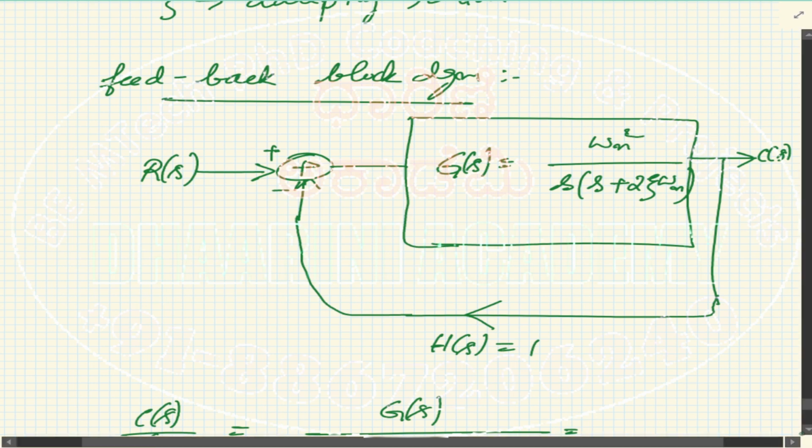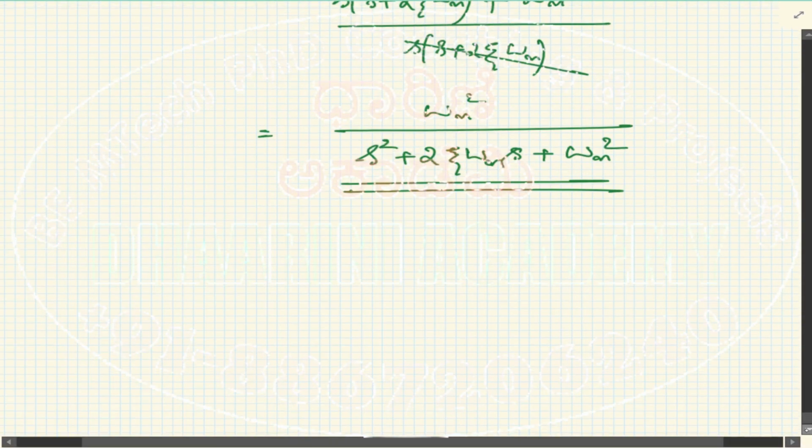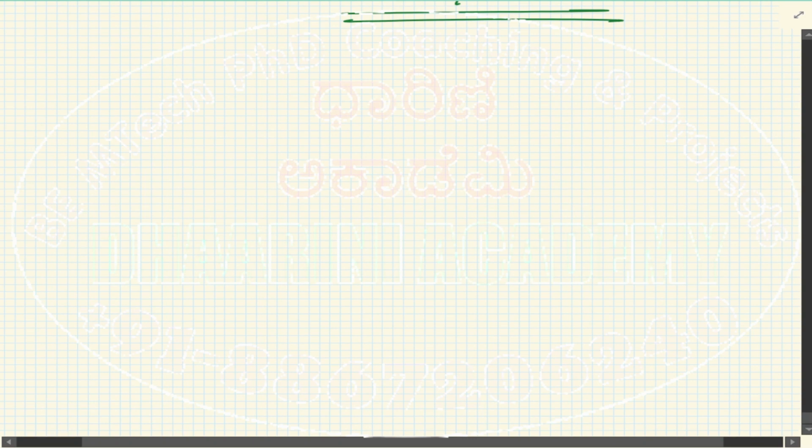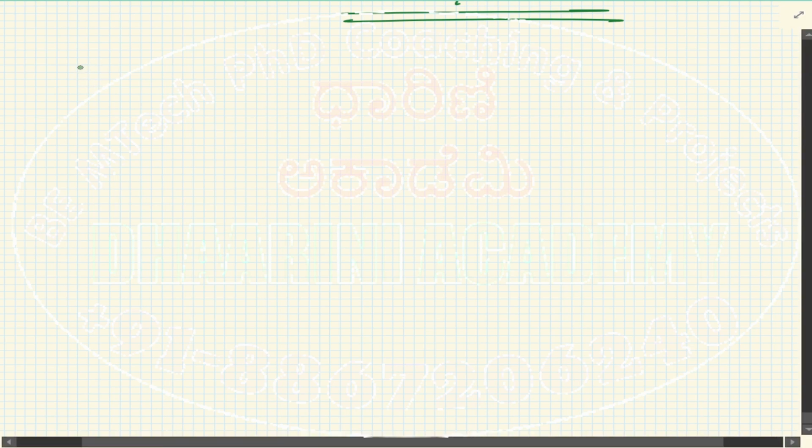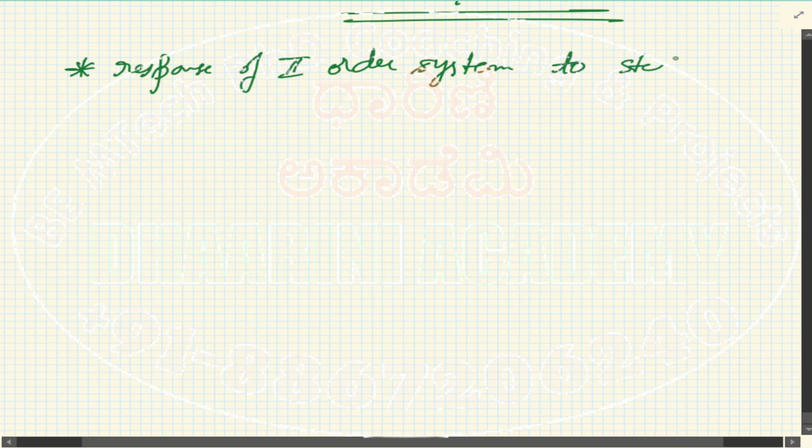Now, under this condition, we have various terms to be defined, right? So that is, let's say, the response of a second order system to the step input.